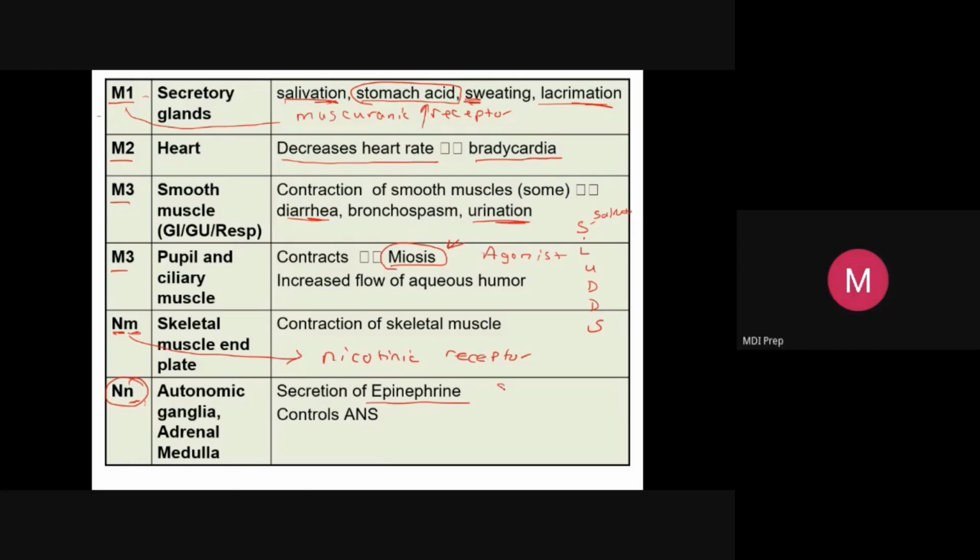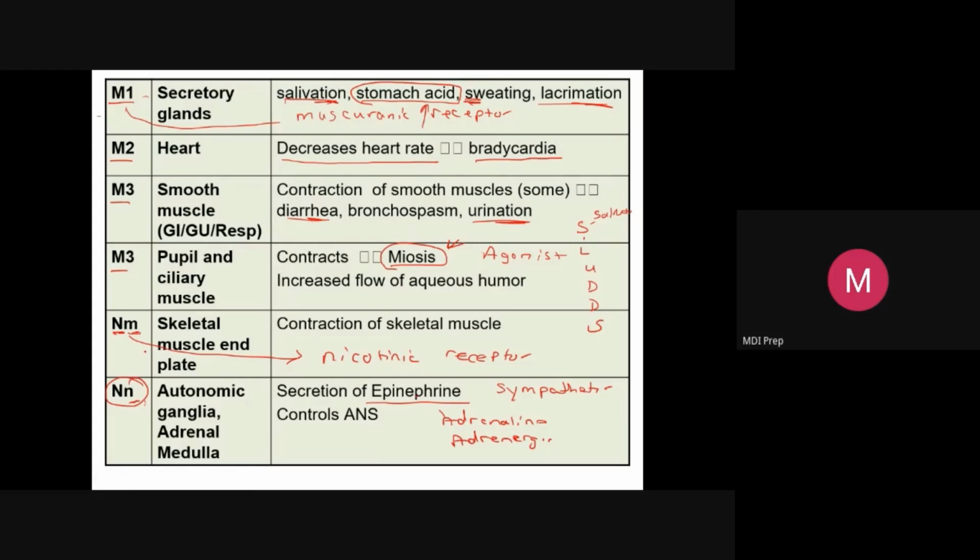Sympathetic. That is sympathetic because epinephrine is just like adrenaline, right? And whenever we say adrenaline, we think of adrenergic, and whenever we think of adrenergic, we think sympathetic, right? Yeah. So that one looks like sympathetic.